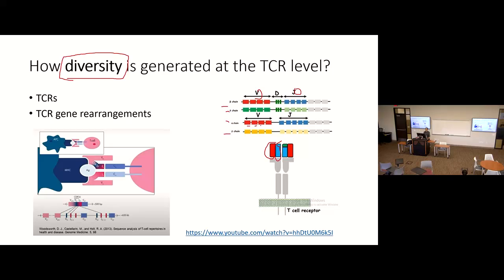Those gene clusters will randomly be transcribed and encode the receptor subdomains. So you create these different combinations through gene rearrangement.